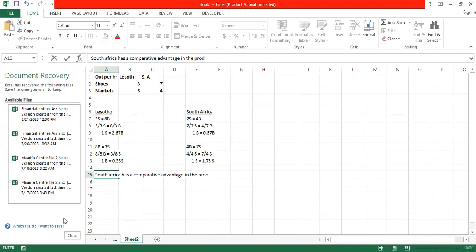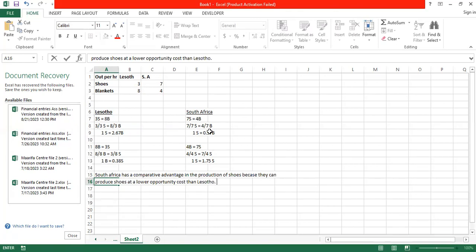In the production, so we agree that it's in the production of shoes. Yes. Because they can produce shoes at a lower opportunity cost than Lesotho, right? How do we know so?